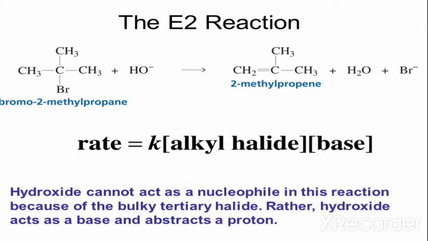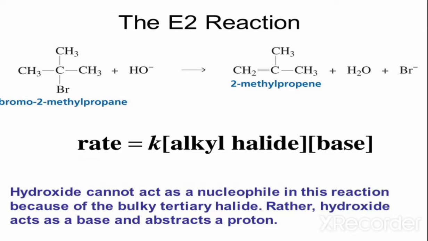In the E1 mechanism, the reaction starts with the alkyl halide only, but in the E2 reaction the rate depends upon both the alkyl halide and the base, because the reaction starts with these two reactants.